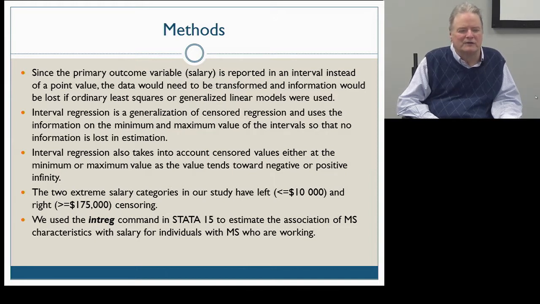So if a category is 10,000 to 19,999, it estimates on both ends of that continuum, and it leaves the extreme categories undefined, and goes through this statistical process.